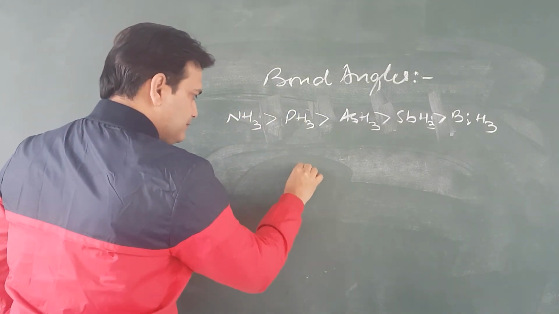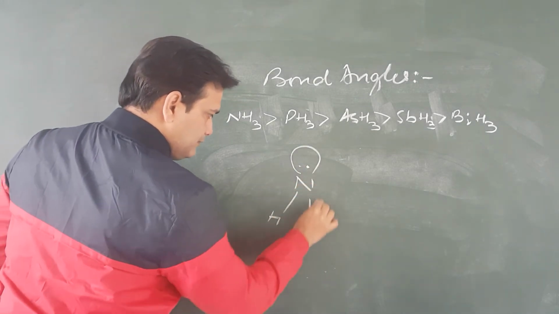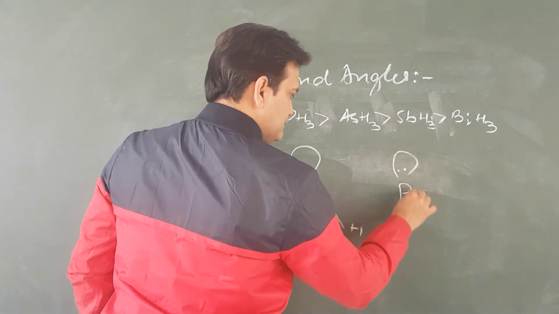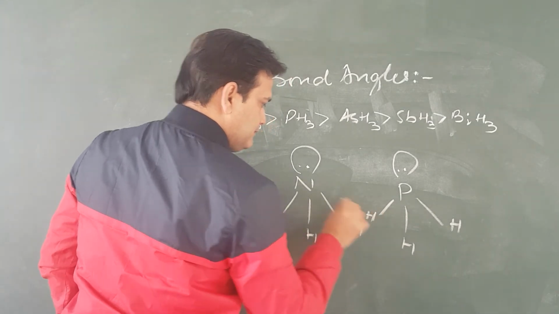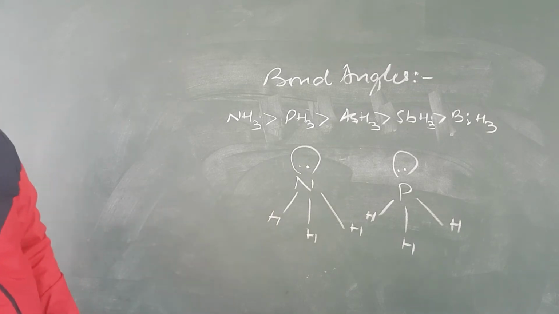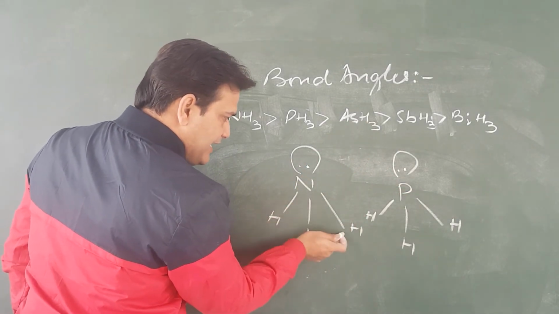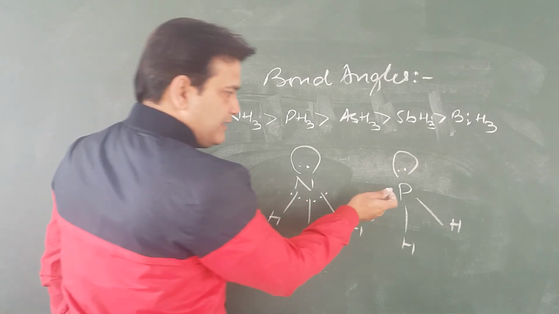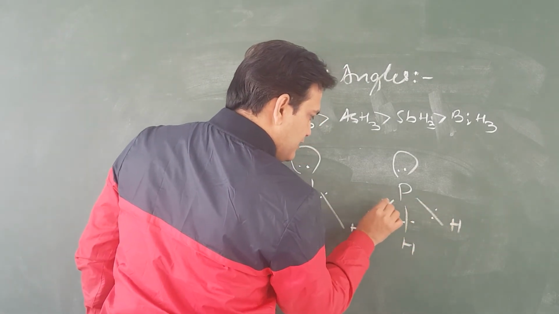See, the electronegativity of the nitrogen atom is higher than phosphorus. So the N-H bonding electrons are very close to nitrogen, but the electronegativity of phosphorus is less, so they are a little away.